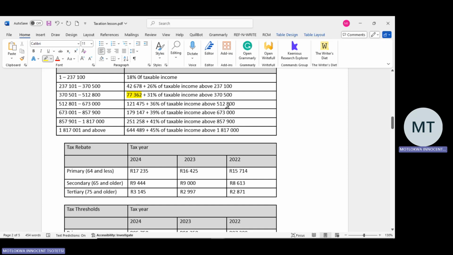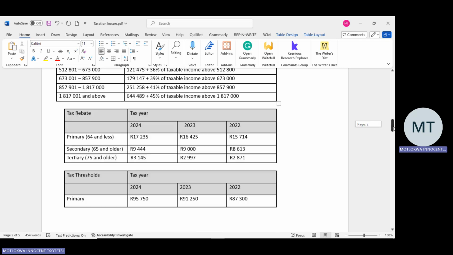Here's the amount. Okay, yes, so I've highlighted the amount, which is 77,362. They want you to show how the amount was identified or calculated.